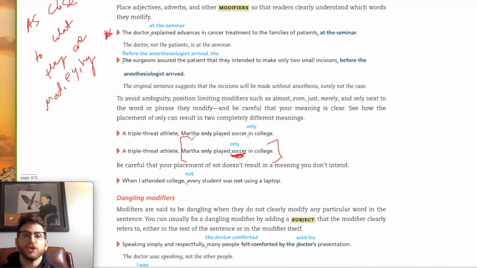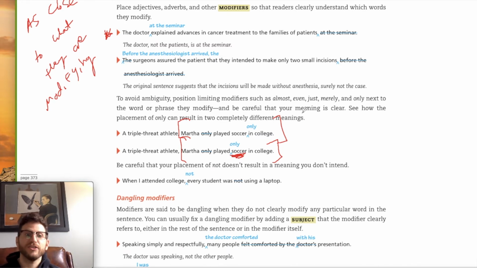If we said she played soccer only in college, what does that tell us? Well, that doesn't mean she only played one sport in college. What it means is that the first time she played soccer was in college. She played soccer only in college.